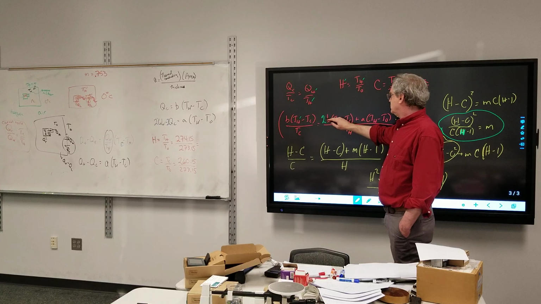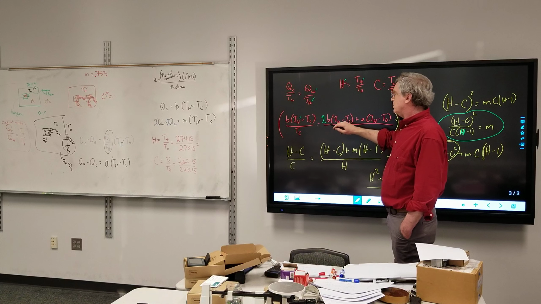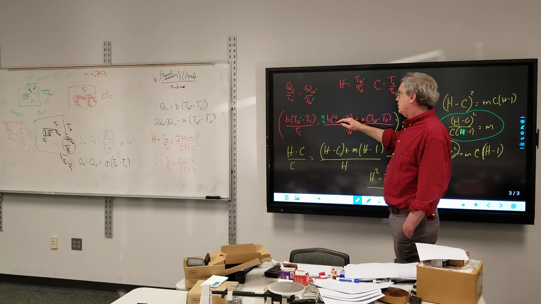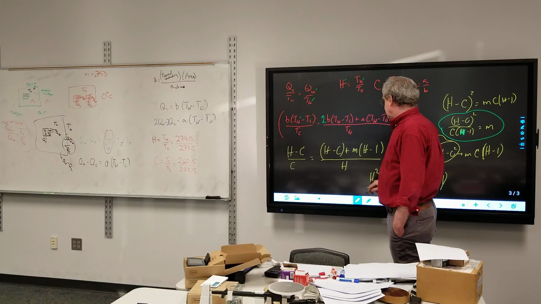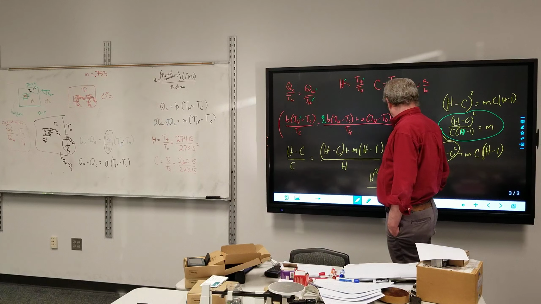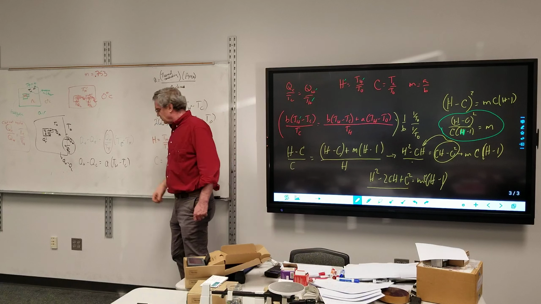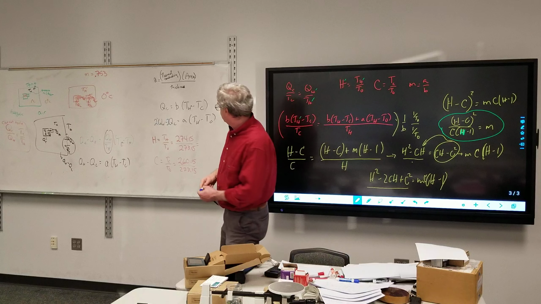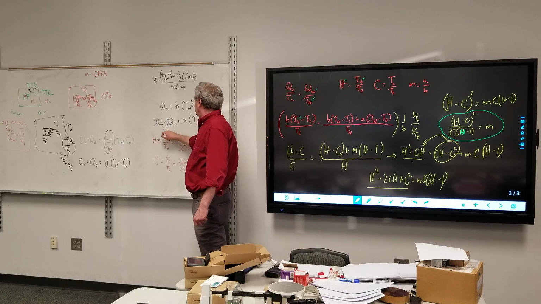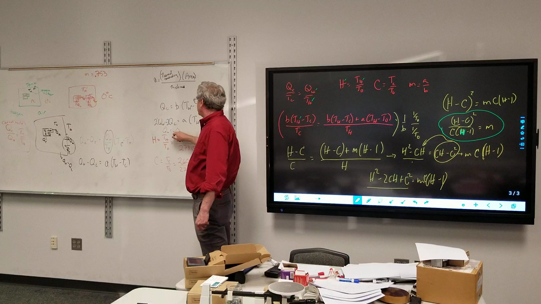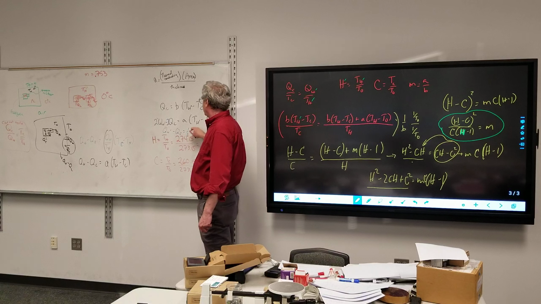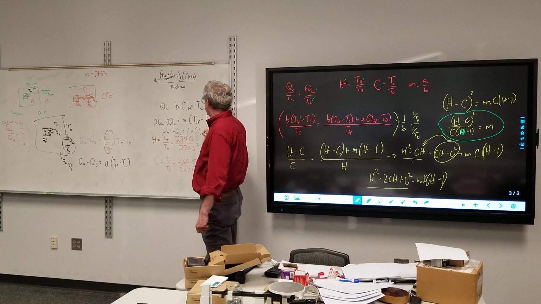Oops. That's what happens when I don't start from scratch. Let's adjust this. So QH prime minus QC is equal to 1/2 A times TH prime minus T0.